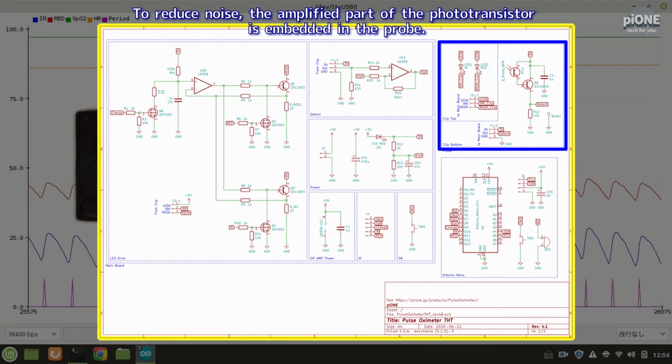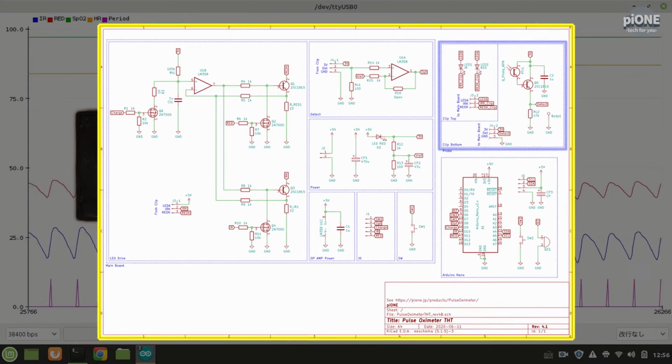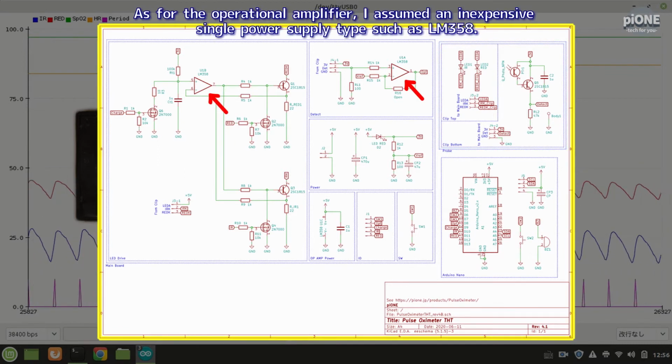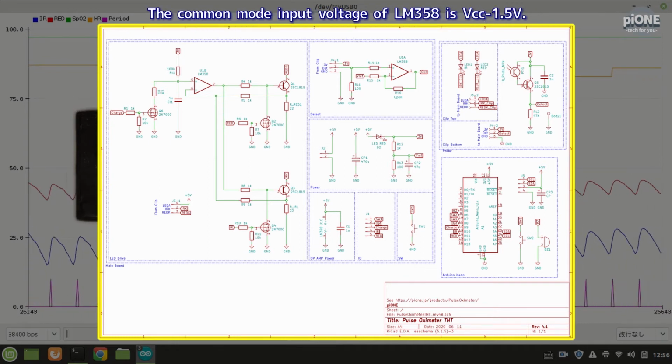To reduce noise, the amplifier part of the phototransistor is embedded in the probe. As for the operational amplifier, I assumed an inexpensive single power supply type such as LM358. The common mode input voltage of LM358 is VCC minus 1.5 volts.